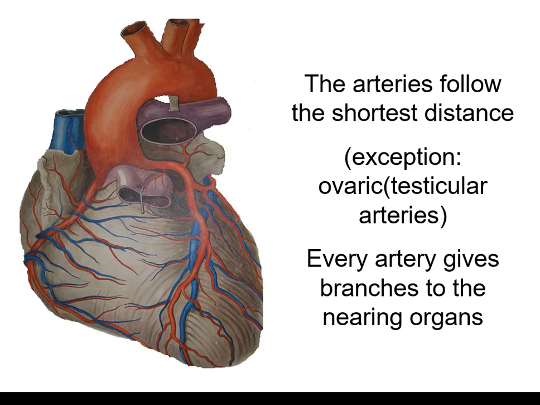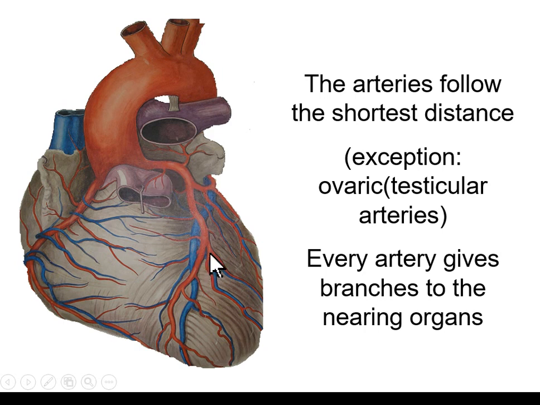The arteries follow the shortest distance to the organs, exception ovarian artery for the female, testicular arteries of the male. Every artery gives branches to the nearing organ. For example, on this picture we see the heart.